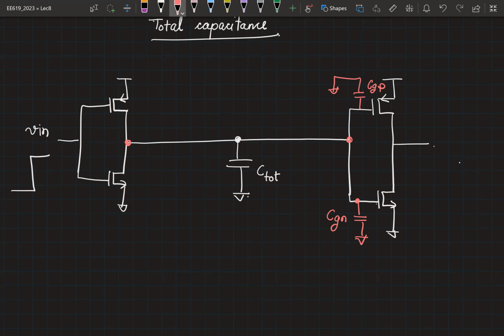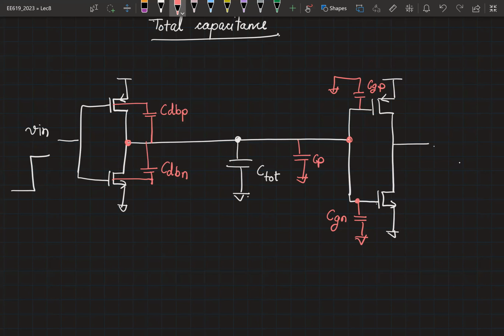Right. So you will have a capacitance from drain to bulk. So CDBN and CDBP. Anything else? Capacitance on the wire. So that will come parallel like this, CP.